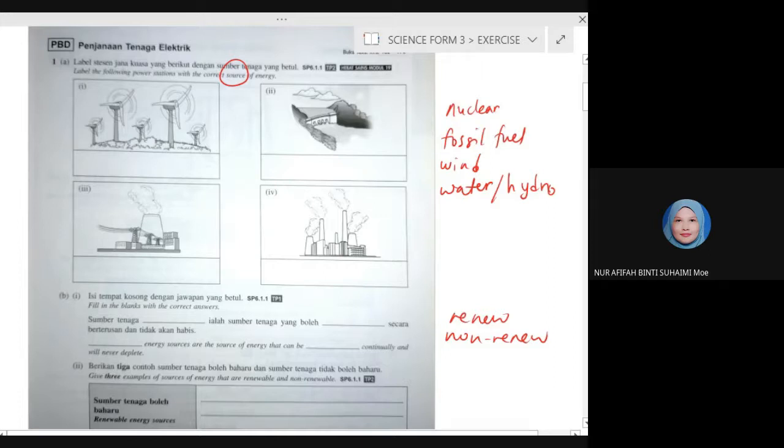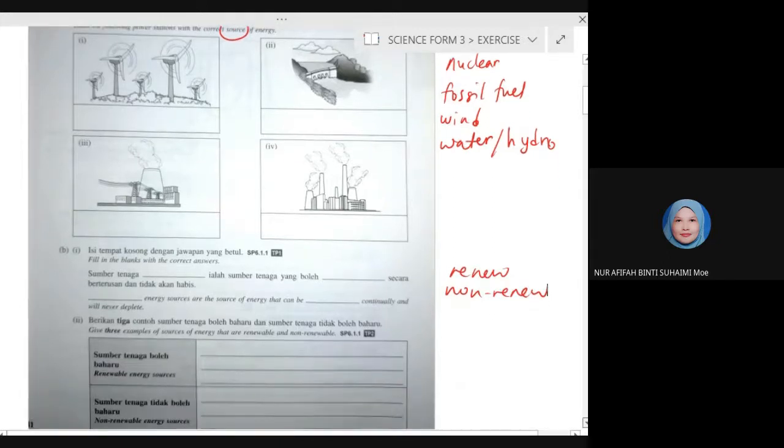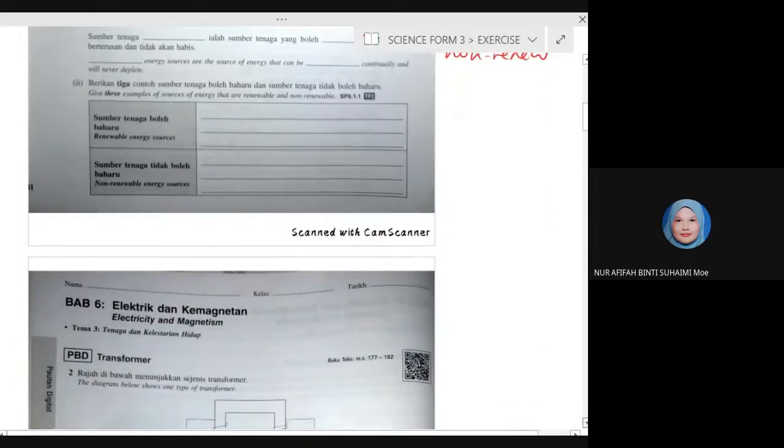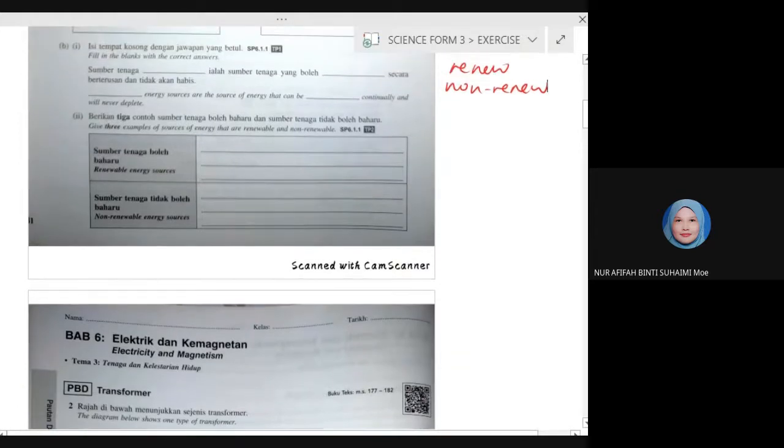Okay, B2. Boleh ha? Salin terus, salin sekarang, buat sekarang, jangan tunggu esok. Right, B2, give 3 examples of sources of energy that are renewable and non-renewable.